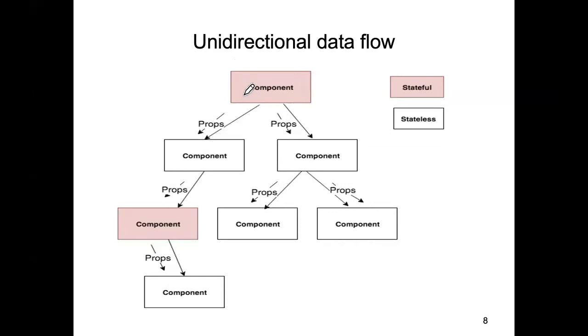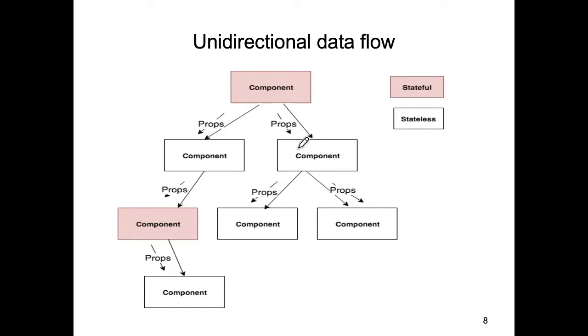The next thing I want to get across is that I'm just using a color coding scheme here, which is components that are backlit in this browny orangey color or kind of pinky color. I'm not sure what color it is. That is meant to represent a stateful component. So somewhere within this component's code, it has a state variable or variables. Whereas the ones that are just plain white, they are stateless.